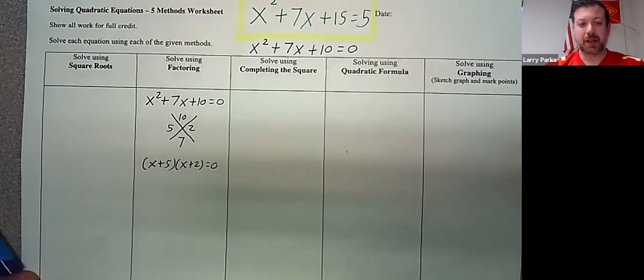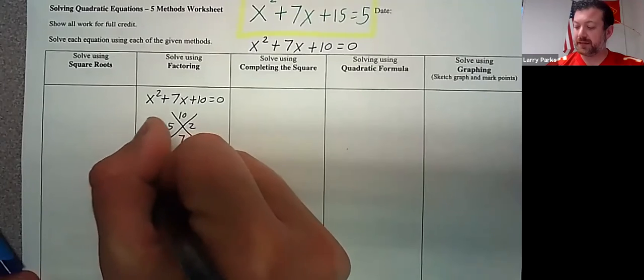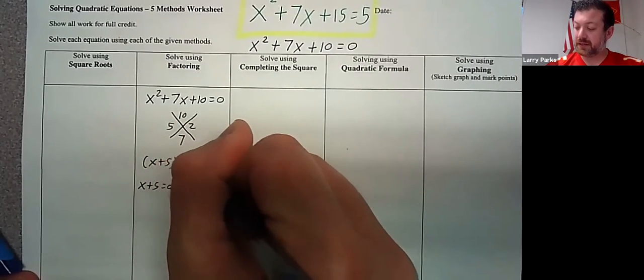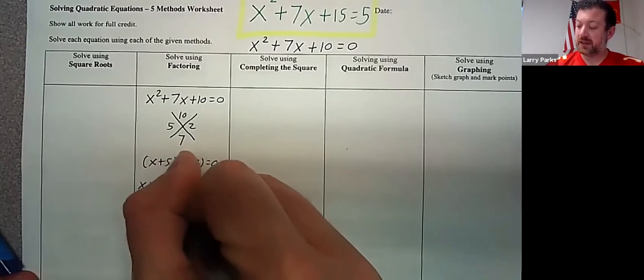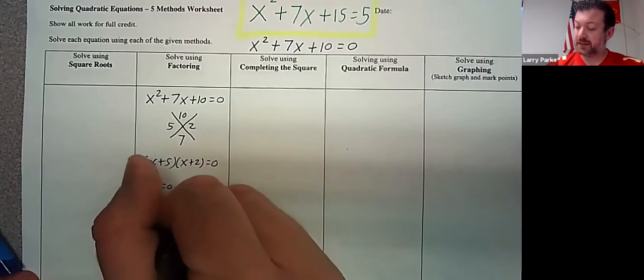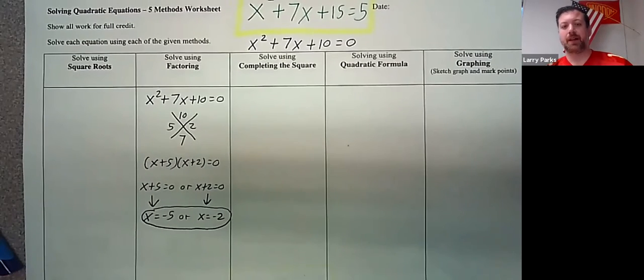And then using the zero product property, I would get x is negative 5, and I'll show all my work. So I'd get x is -5 or x is -2. So I personally, this is the method I would use.